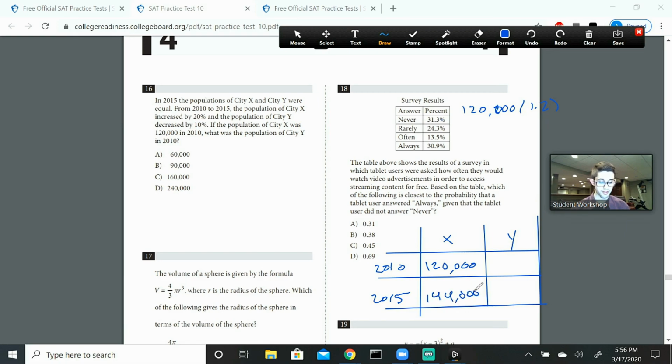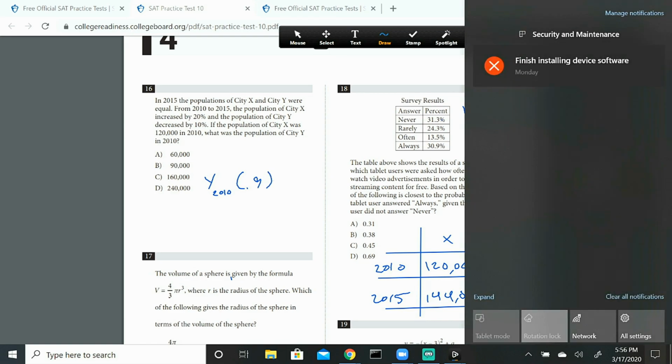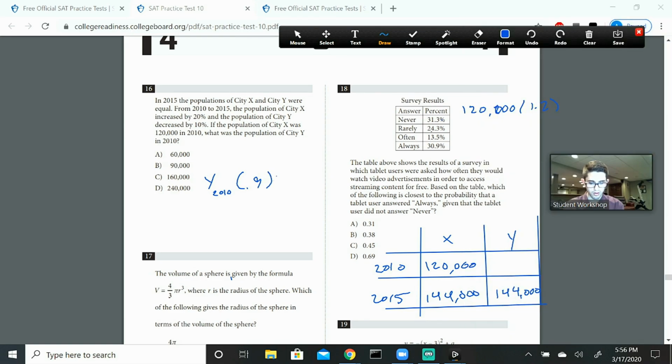We know that it's the same for city Y in 2015, but it also says that it was decreased by 10% from 2010 to 2015, so we can represent that by saying city Y in 2010 times 0.9, which is a decrease of 10%, is equal to 144,000.